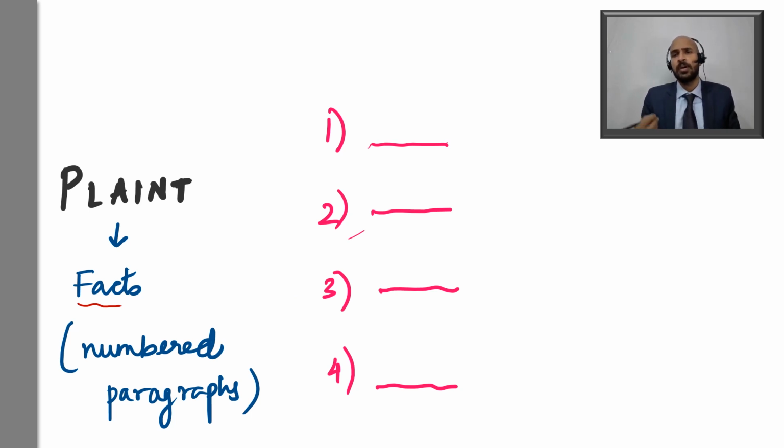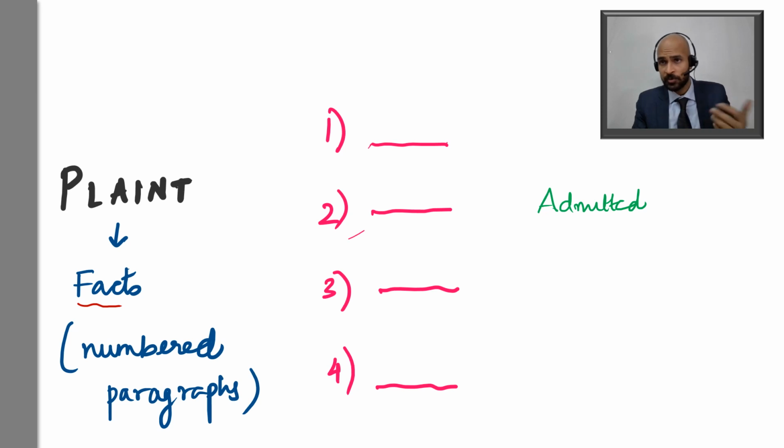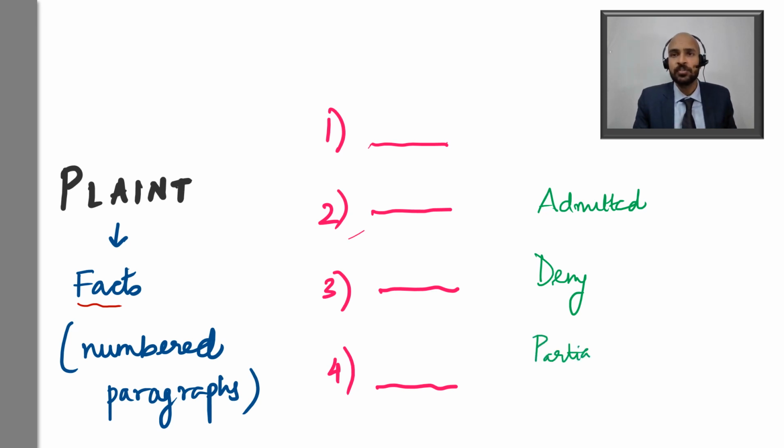For any point, a fact stated here could either be admitted, which means that you say yes, it is true, or you may deny it, or there might be a partial admission or a partial denial. That's what you can do.